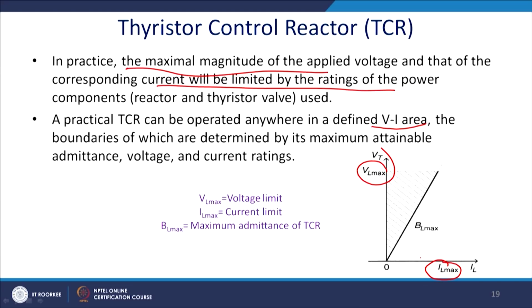A practical TCR can be operated anywhere in the defined V-I area. This is the maximum voltage blocking capability of the device, and this is the maximum current that can flow in the device. It is the same load line concept we used in the case of transistors.